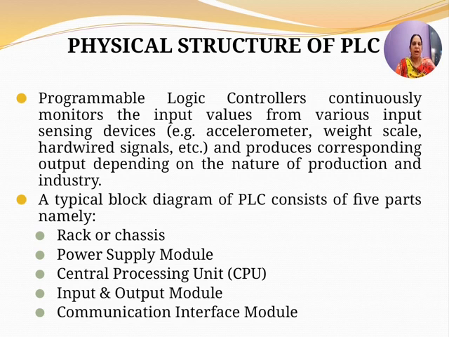So we have the 5 parts: the rack or chassis, the power supply module, the central processing unit, that is the CPU, the input and output module, and the communication interface module.